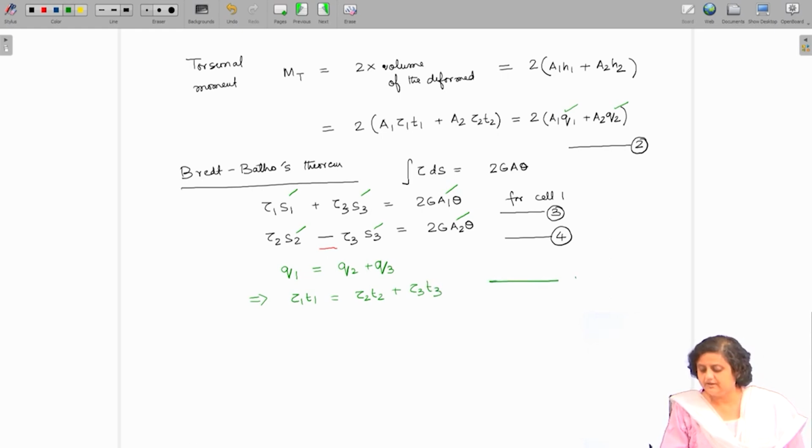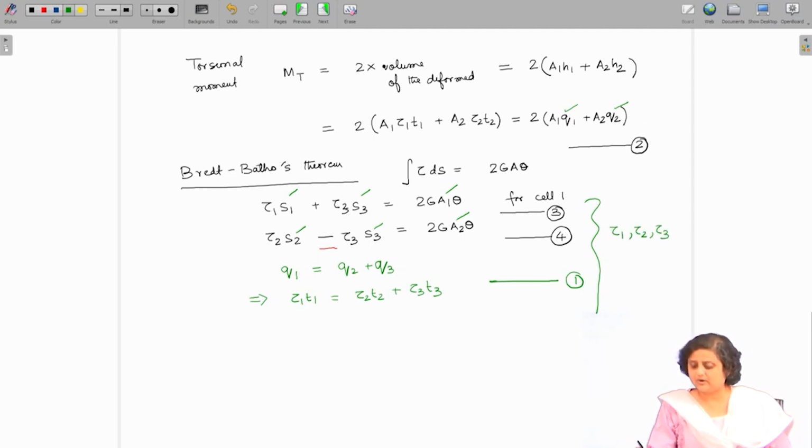This is my equation 1. From these 3 equations I can solve for tau 1, tau 2 and tau 3. Once I solve for them, I can also solve for q1, q2 and q3 just by multiplying with the respective thickness, and then substitute and solve for MT.